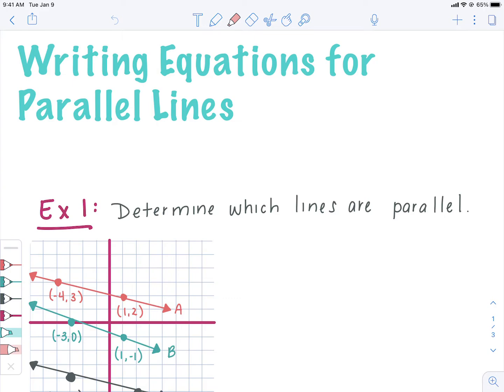All right, so we're going to talk about writing equations for parallel lines today. And we just talked about that lines that are parallel don't ever touch each other. And we also said parallel lines have what kind of slope?